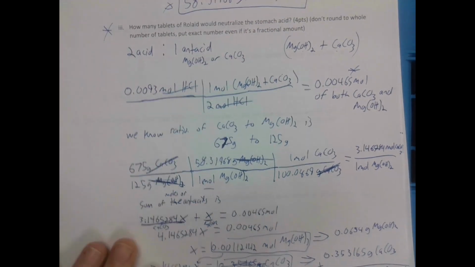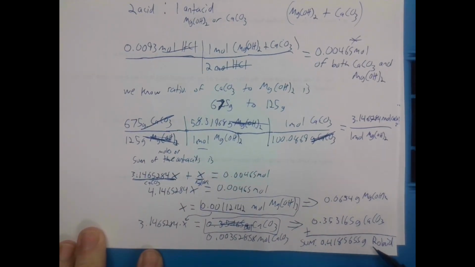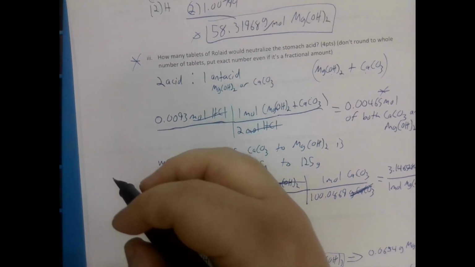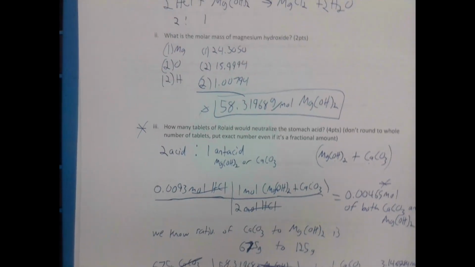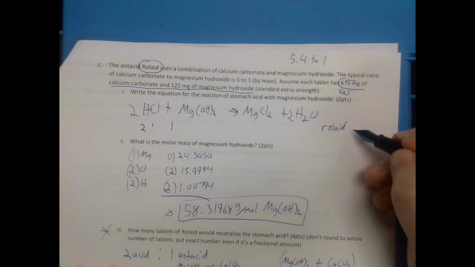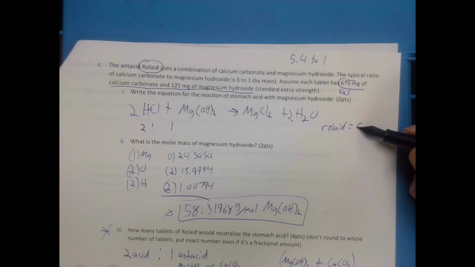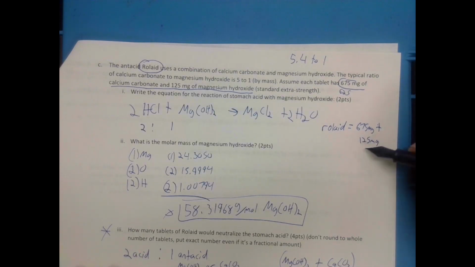And then, to convert grams of Rolaids to a whole number of Rolaids, you should recognize that a single Rolaid has a total weight of 675 milligrams plus the 125 milligrams, giving you a total of 800 milligrams. And 800 milligrams is 0.8 grams.